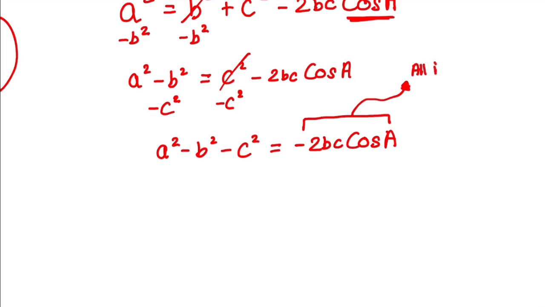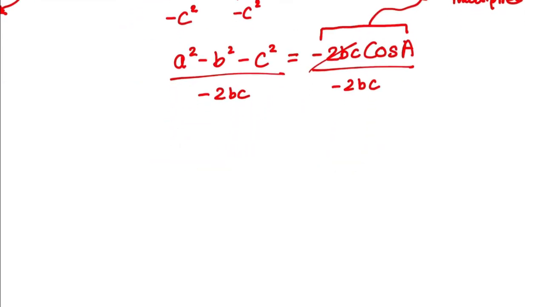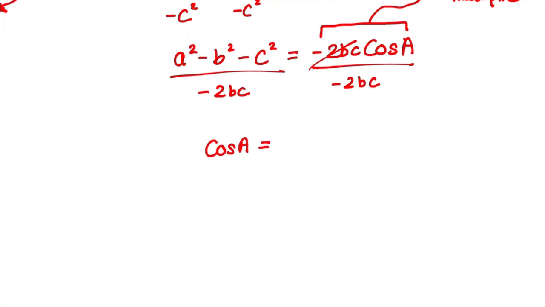In order to get rid of something that is being multiplied, you have to divide. So we want cos A to be the subject. We're just going to divide by minus 2bc to leave cos A by itself, and whatever we do to one side, we must do to the other side. So that's going to get rid of minus 2bc, leaving cos A on that side, and we're left with a squared minus b squared minus c squared over minus 2bc.